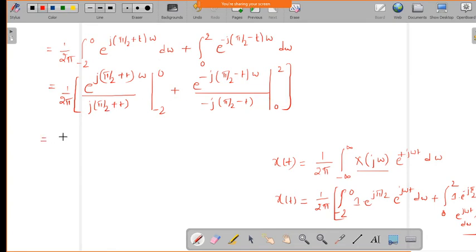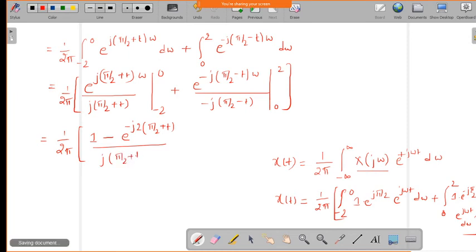So now put the values of omega. What you will get? 1 over 2 pi. The upper limit is 0, so e power 0 is 1, minus e power minus j 2 into (pi/2 + t), divided by j into (pi/2 + t).